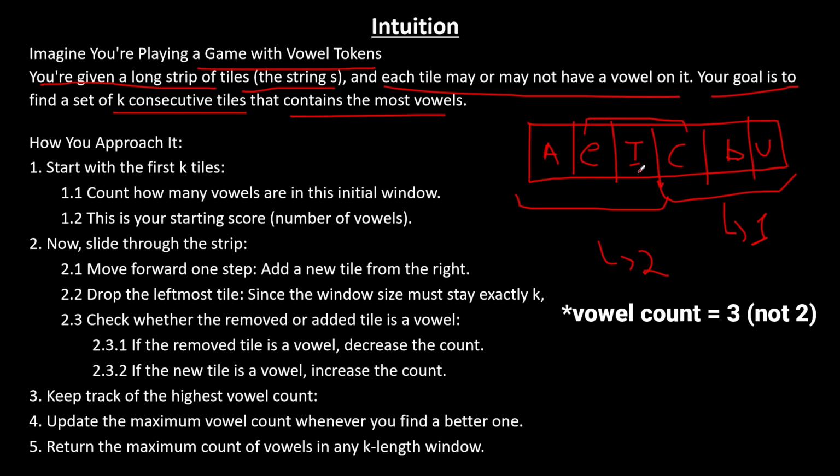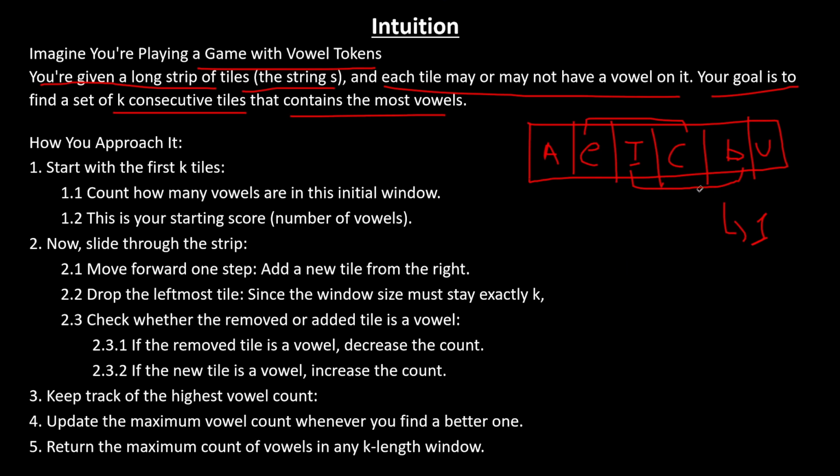And ICB could also be taken, and CBU, we took CBU. So we missed some combinations of tiles. So the first approach which we tried was nearly correct, but it was not considering all the combinations of tiles.